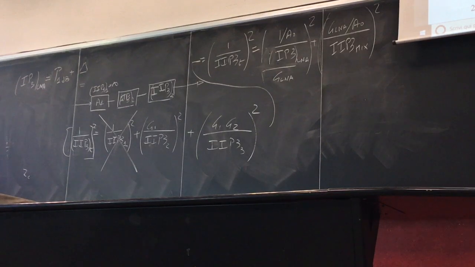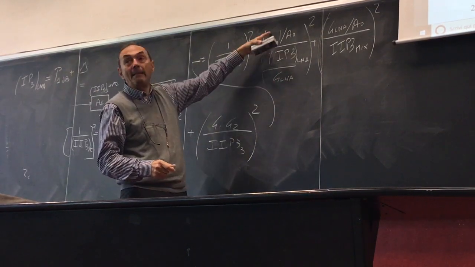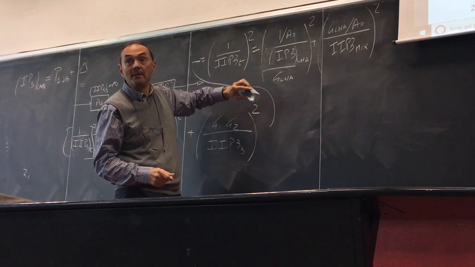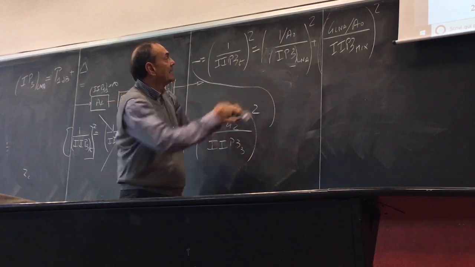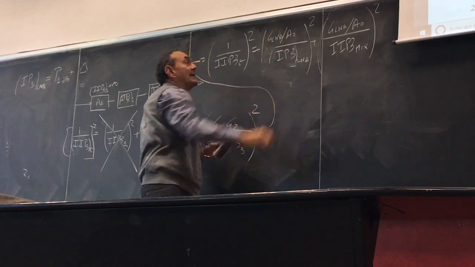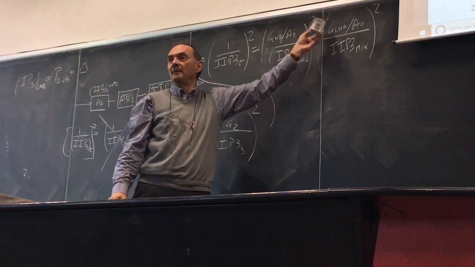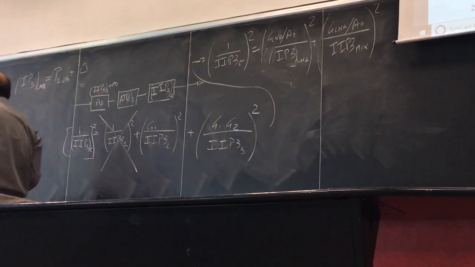The IIP3 is equal to the IP3 divided by the gain. But this division comes up, and then we can write here G_LNA divided by A0.